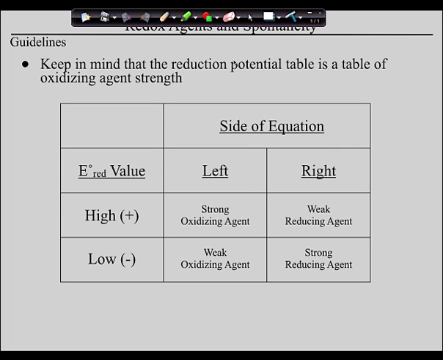We don't have enough released exams out there for me to even postulate how they're going to hold you accountable for this. I'd like to believe that they're not just going to say fluorine has a reduction potential of 2.87 volts or whatever it is. Will it be a good oxidizing or reducing agent? They might. I don't know.